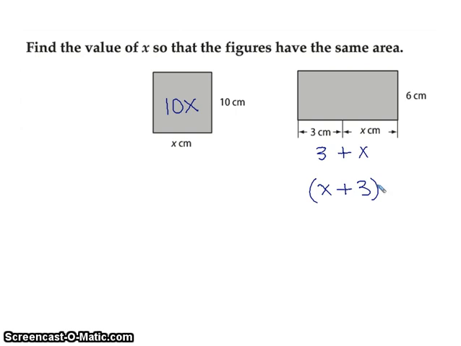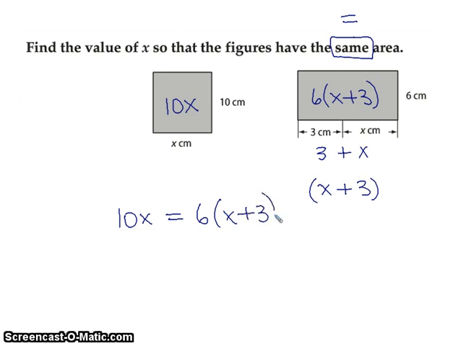And so the length is x plus 3 and the width is 6 centimeters. So the area is 6 times x plus 3. And we want to know what value of x will allow us to have the same area. The same means that they will be equal. So we have 10x is equal to 6 times x plus 3. Now I'd like you to go ahead and solve this equation.